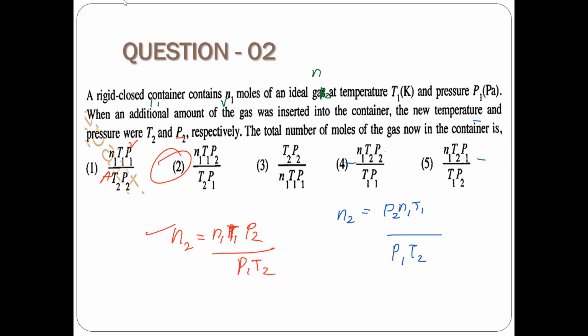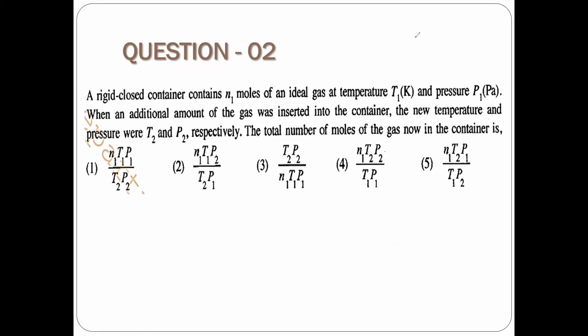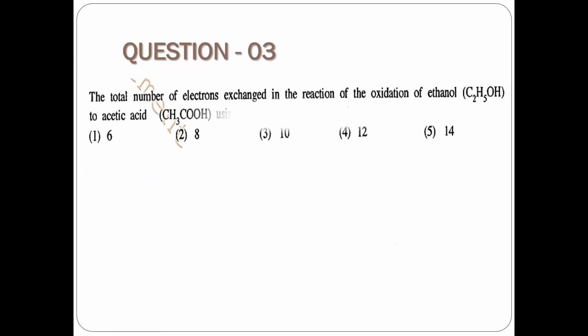Let's move on to question number 3. The total number of electrons exchanged in the reaction of the oxidation of ethanol to acetic acid using acidic chromate solution.